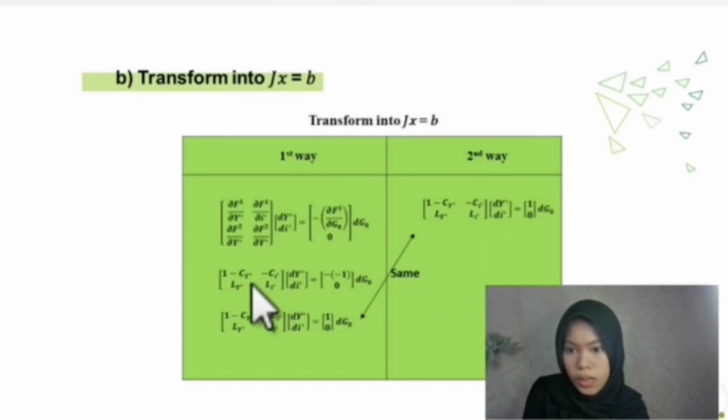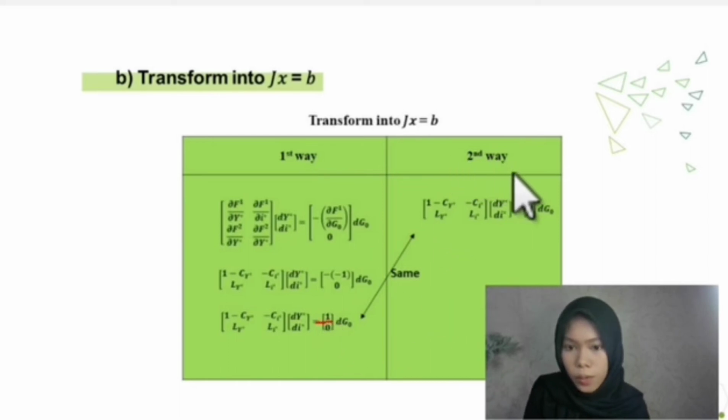So this refers to J, and then this refers to B, and this is X. The diginal here states the minus in brackets minus 1, because the diginal is equal to minus 1, and then the function here minus 1, so we just write it here, and then we can simplify it, and it will turn into 1.